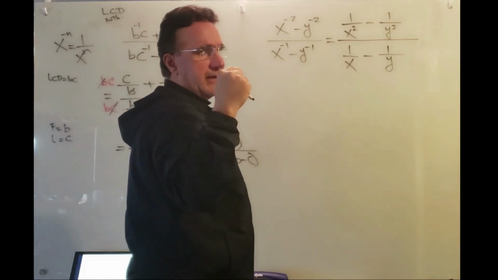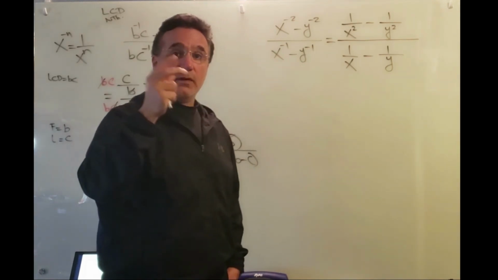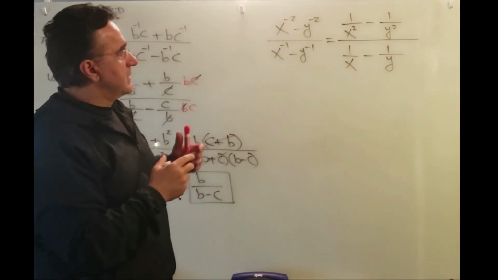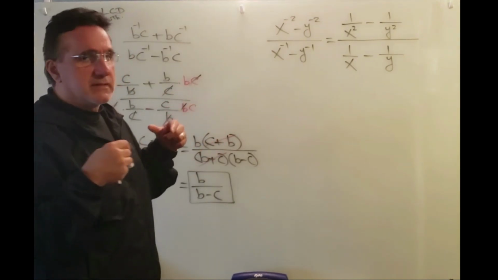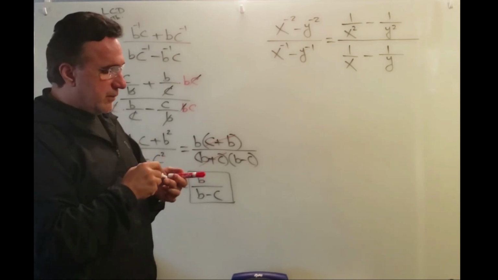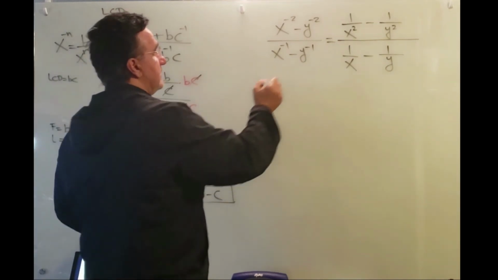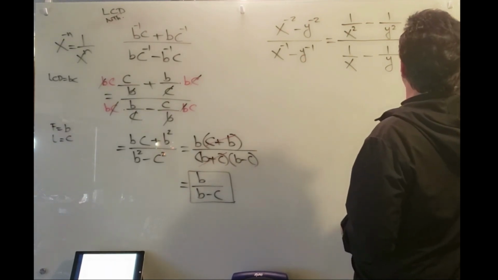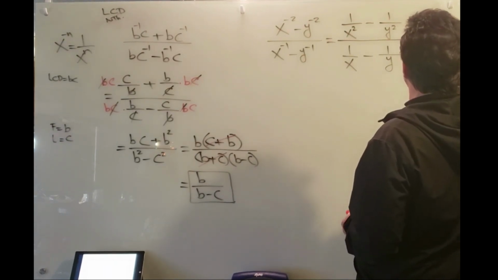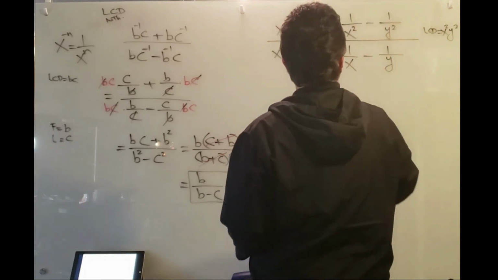Remember, multiply the highest powers of all factors. So basically the highest power of x we see is x squared. The highest power of y we see is y squared. So we're going to multiply the LCD, which if you notice is x squared, y squared on the top as well as the bottom.